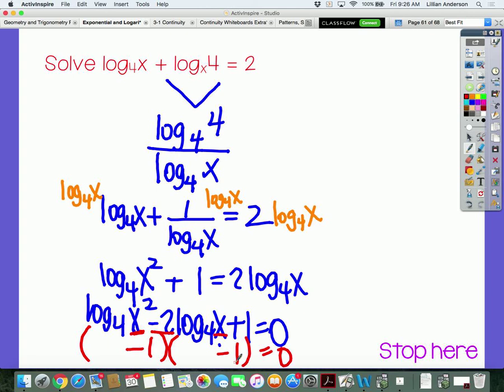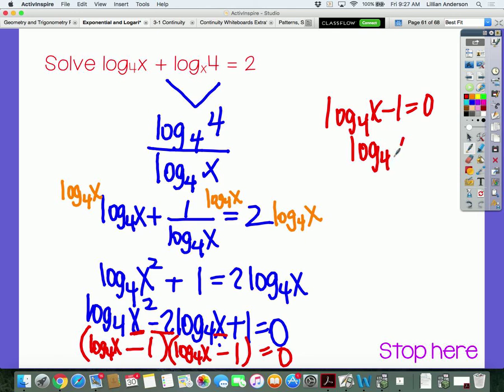And this time, instead of putting an x and an x to get x squared, you're going to put log base 4 of x and log base 4 of x. Luckily enough, they equal the same thing, so you're only looking at log base 4 of x minus 1 equals 0. Add 1 over, and then writing it in exponential form, you'll have 4 to the first power equals x, and so x is 4.